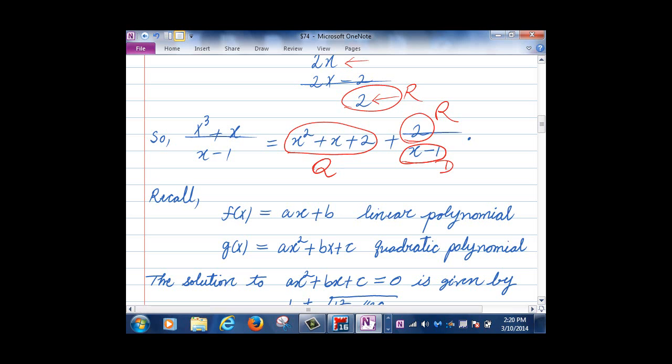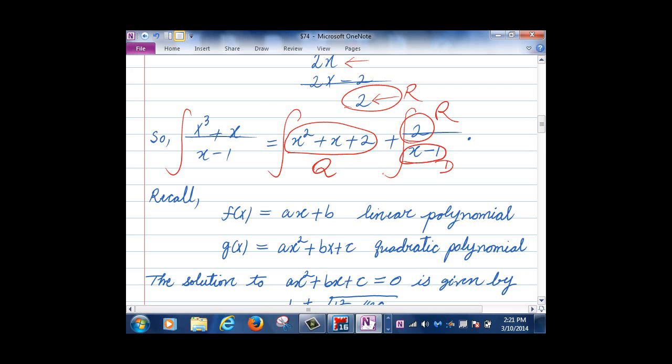Everybody's okay? Now notice that if I want to integrate this improper rational function, all I have to do is integrate the polynomial, and I have to integrate this proper fraction, right? Everybody's okay? Now, everybody knows how to integrate polynomials, right?